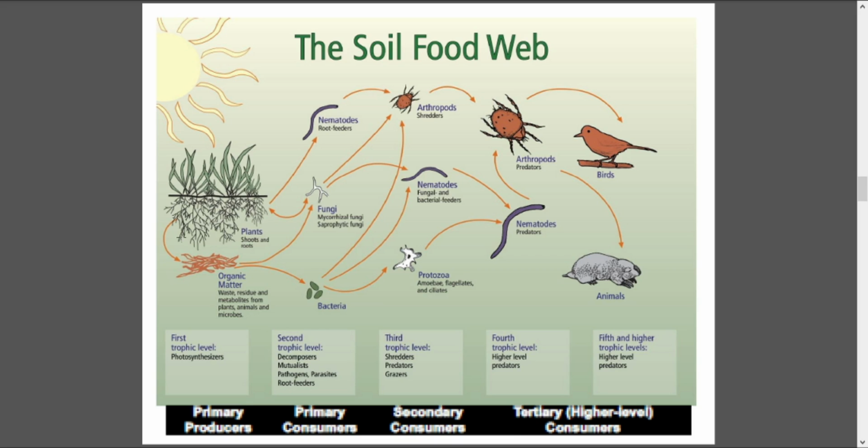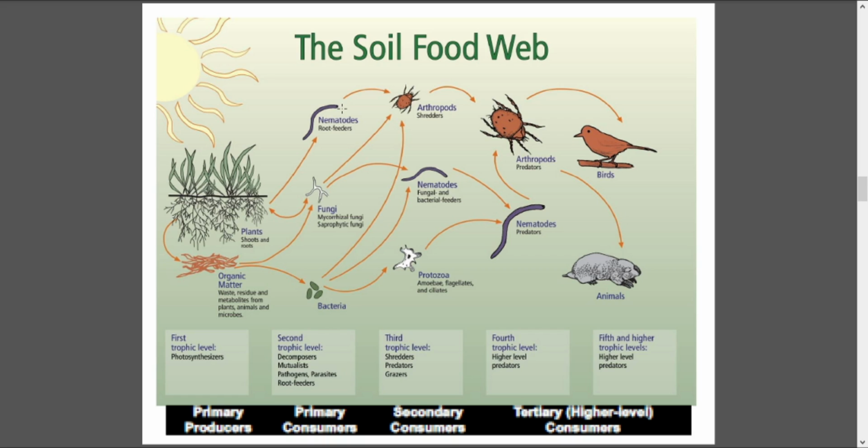When these decay, they form organic matter, which is fed on by the bacteria. At the second trophic level, we have decomposers, mutualists, pathogens, parasites, and root feeders. The main examples given here are bacteria, fungi, and nematodes.